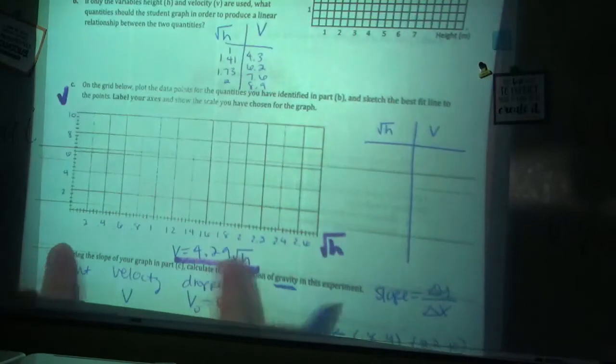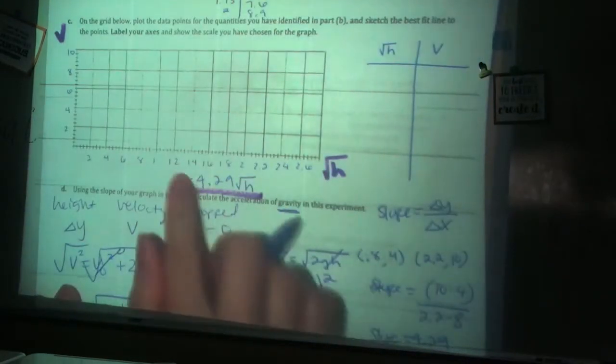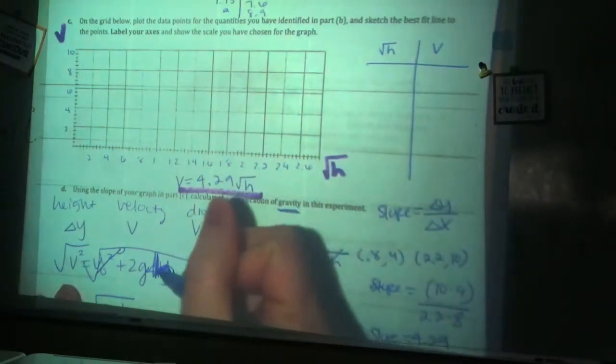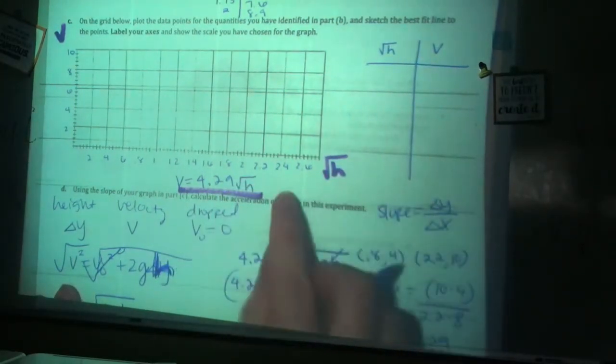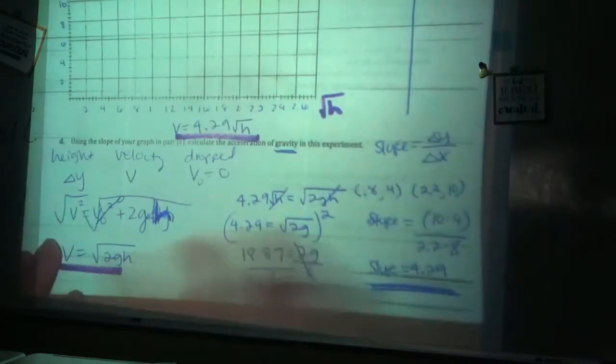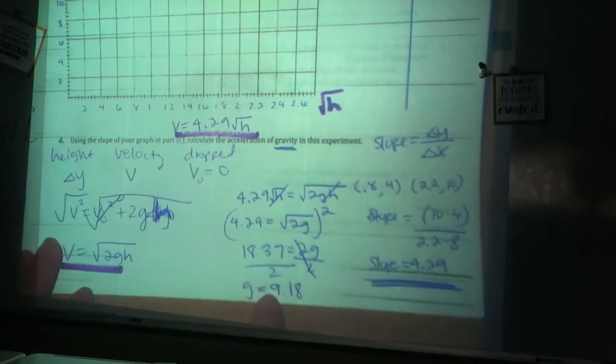So that's where I got the v is 4.29 square root of h. And then I had to pick a physics equation that has v and h, in this case the delta y. And it also had acceleration g, so that I could then set them equal to each other and solve for the g.